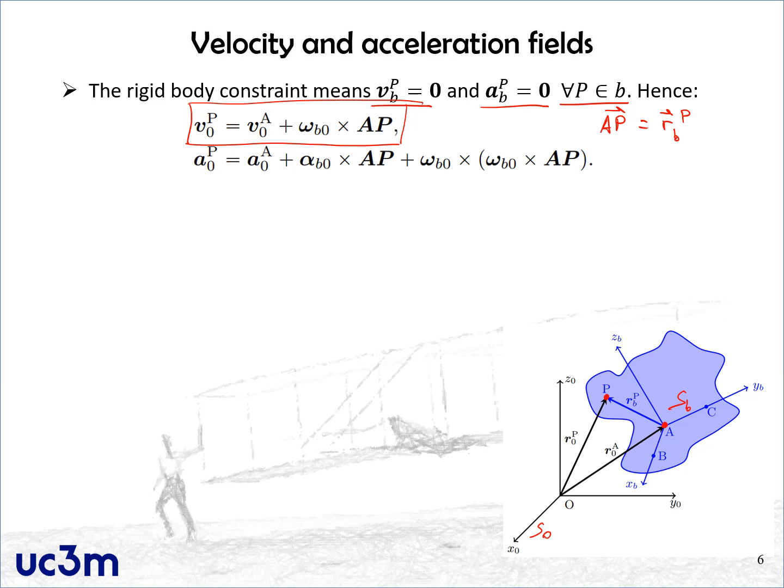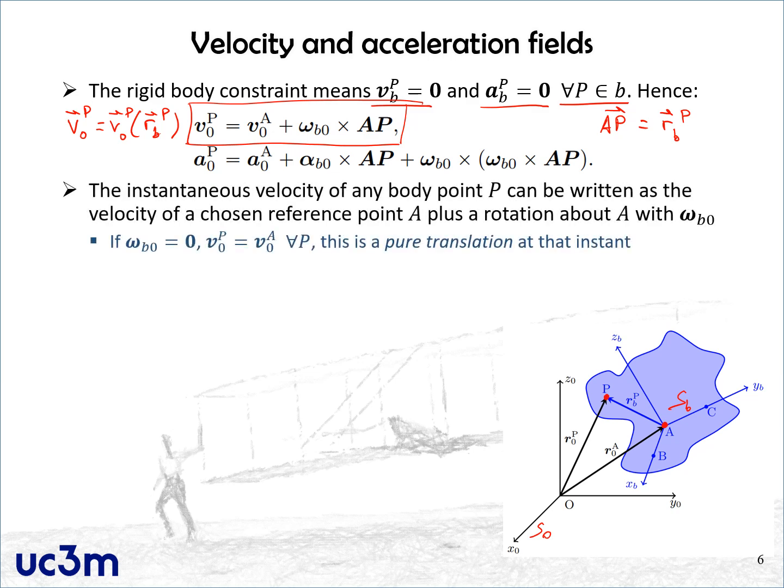If we consider each point of a space a point of the rigid body, then this is a function that assigns a velocity vP0 to each point RPB. So provided RPB, the position of the point in the reference frame SB, you can get from this expression what its velocity should be if it is a point of the rigid body, of course. And similarly for the expression of the acceleration.